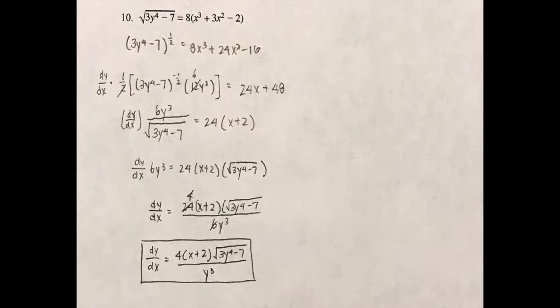Nice and simple for you. Number 10, we have a square root of a function y to the 4th, so we must also add that dy/dx in there as well in order to later isolate dy/dx, to find that y prime, the derivative of y, for that function.